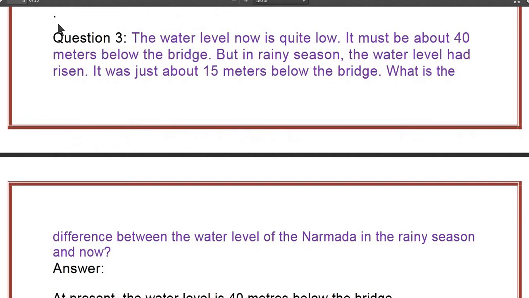Question number 3. The water level now is quite low. It must be about 40 meters below the bridge. But in rainy season, the water level had risen. It was just about 15 meter below the bridge. What is the difference between the water level of the Narmada in the rainy season and now?